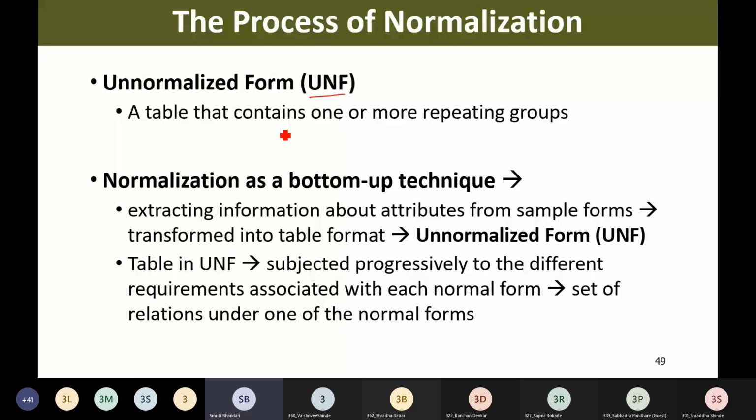So what we do is, initially we extract the information about the attributes from various data sources and we transform this data into the form of a table, and we say that it is in unnormalized form. Further, this table in unnormalized form is subjected to the different requirements associated with various normal forms.